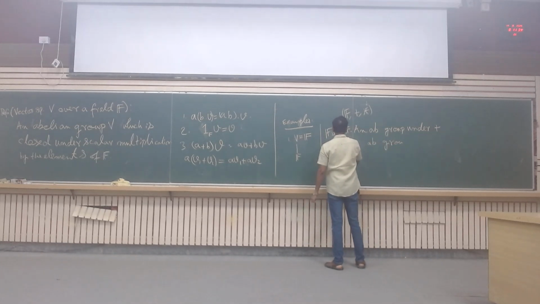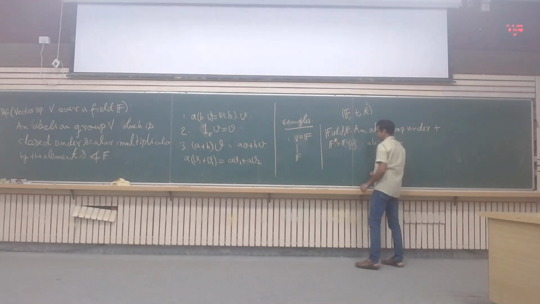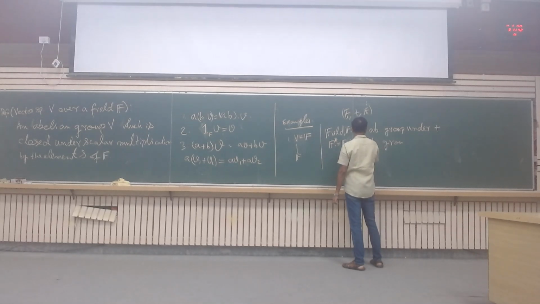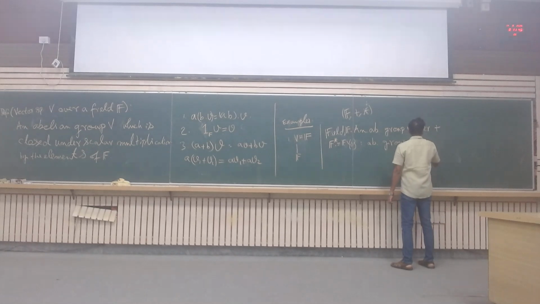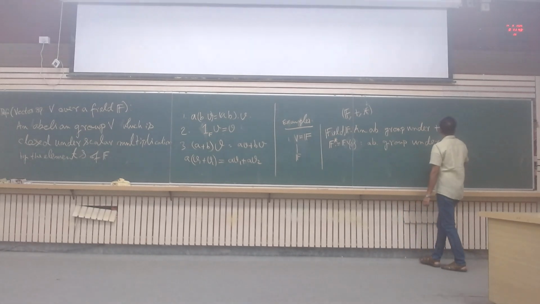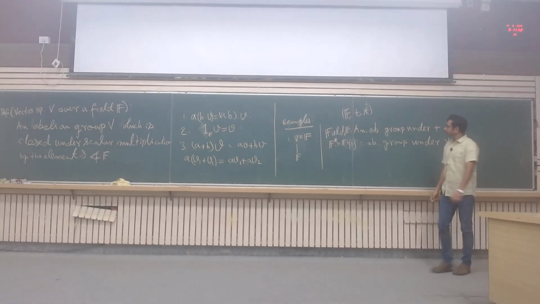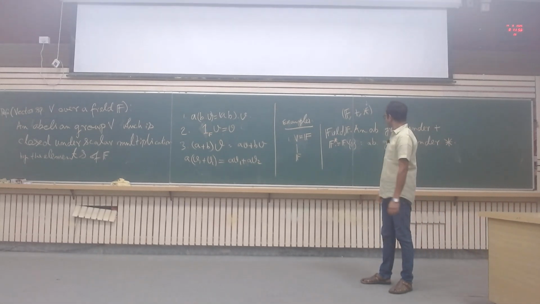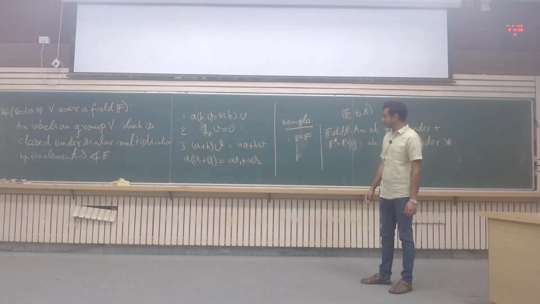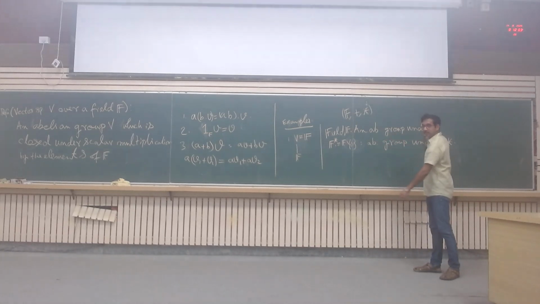This will be defined as F minus 0, set minus 0, that is, we are throwing away this element, and this is also an abelian group under multiplication. F is an abelian group under plus, right?